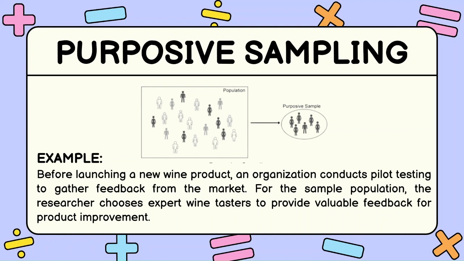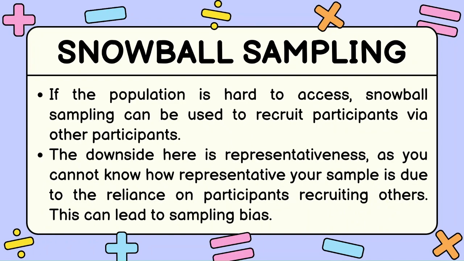For the sample population, the researcher chooses expert wine testers to provide valuable feedback for product improvement. So here, it is the researcher who decided who will be the participants in his or her research. Understood?